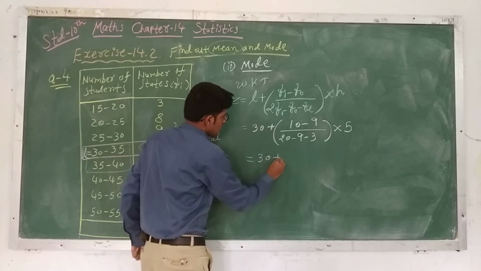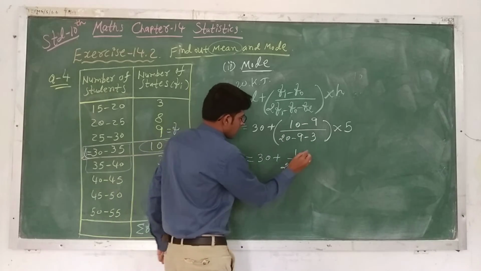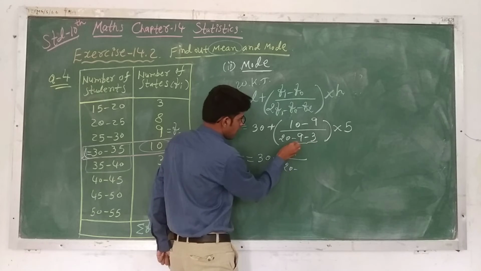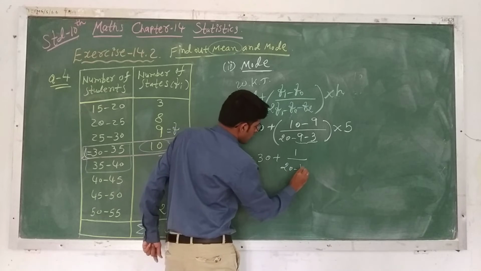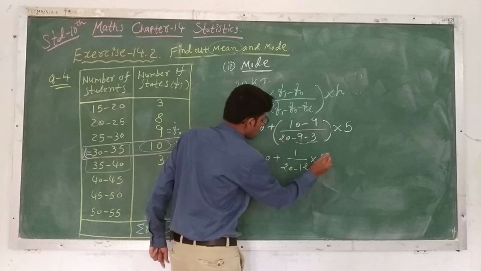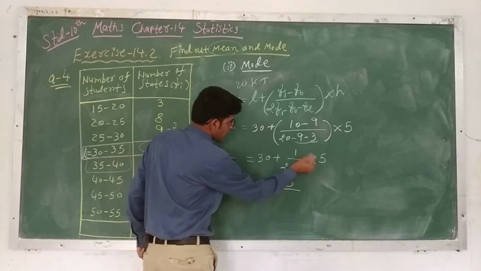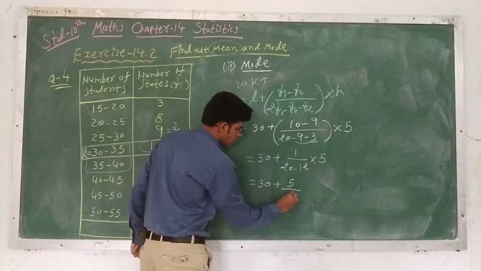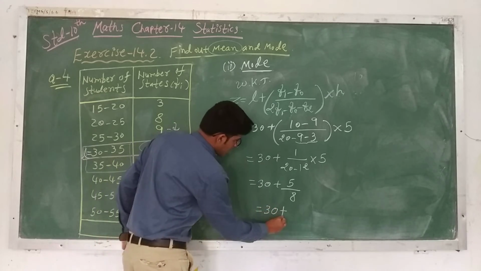So 30 plus (10 minus 9) which is 1, divided by 20 minus, here we have to add the negative numbers, 9 plus 3 is 12, so minus 12, into 5. That is 30 plus 5 by (20 minus 12) which is 8.